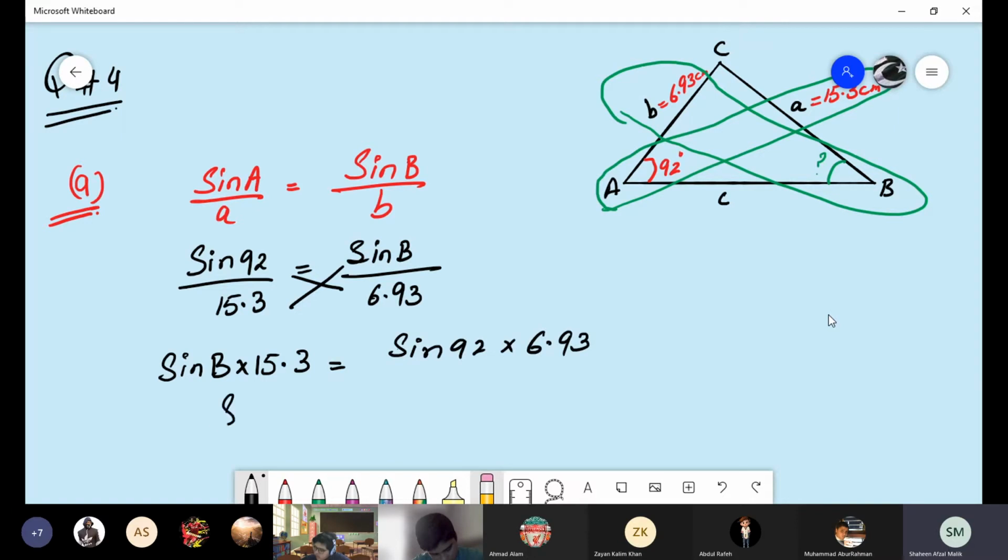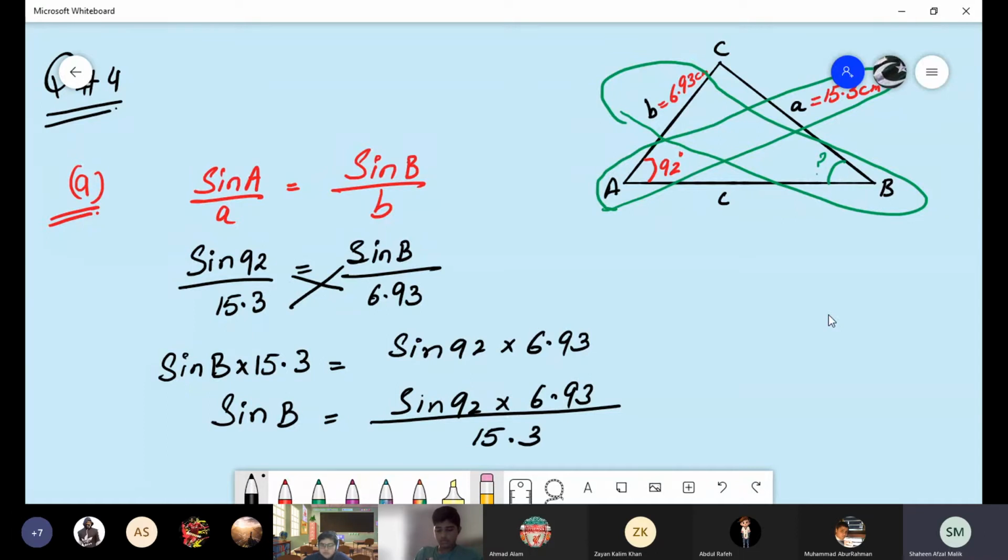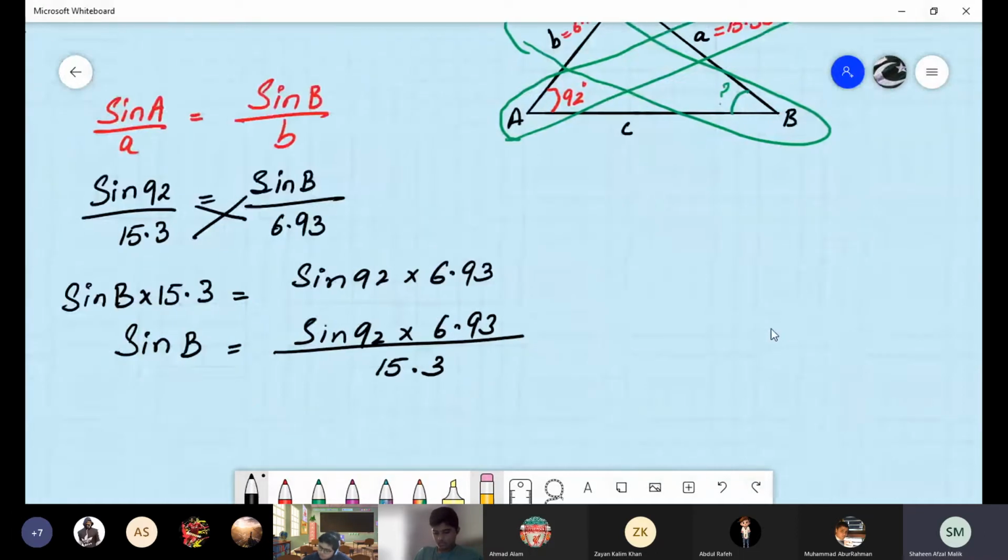So if we write it as sine B, it will be sine 92 multiplied by 6.93 divided by 15.3. Do this calculation on your calculator and tell me the answer.